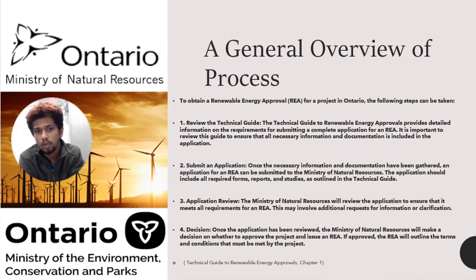Here I am going to talk about the general overview of the process for a renewable energy project. To get a renewable energy project, one who wants to get renewable energy approval from the government of Ontario has to follow some requirements and instructions from the Ministry of Natural Resources and the Ministry of Environment.